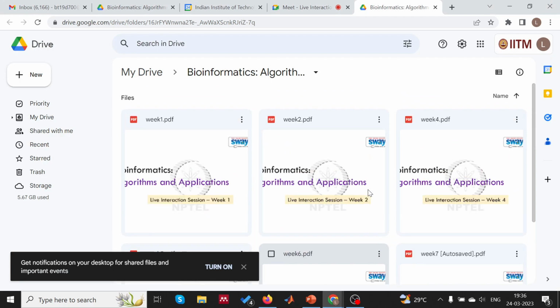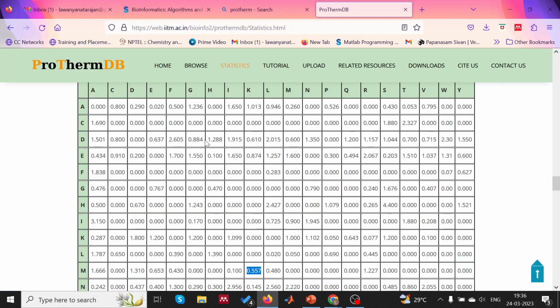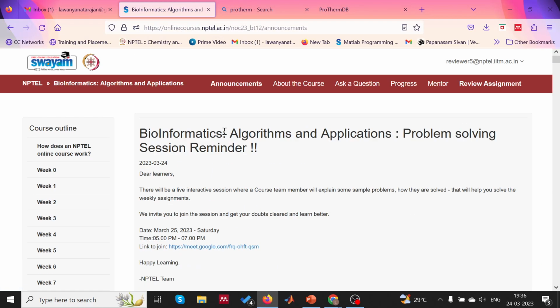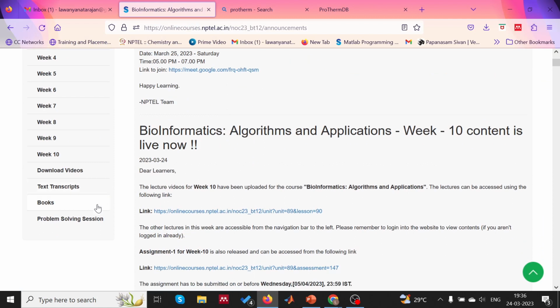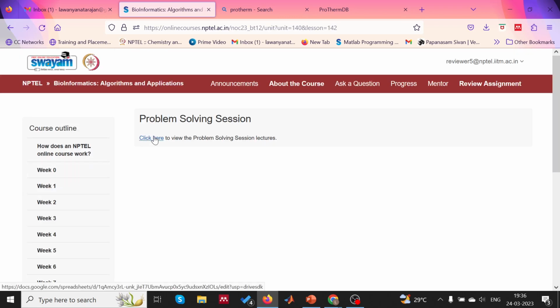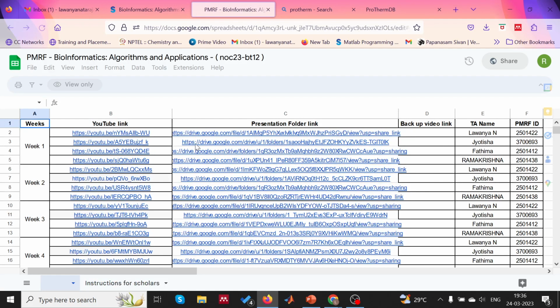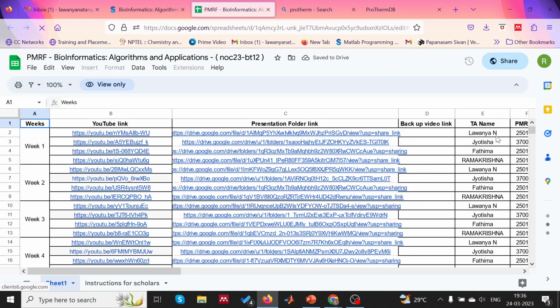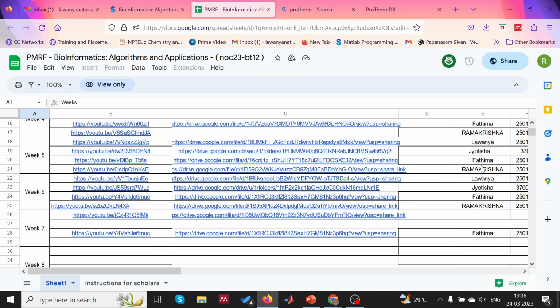Similarly, I think you should have a section here. Bioinformatics, this is 2023, right? Problem solving session. You click on this and you have the problem solving session here. When you go here, you have click here to view, right? So week wise, you have Lavanya and Jyotisha, Fatima, Ramakrishna, and it keeps repeating, right?